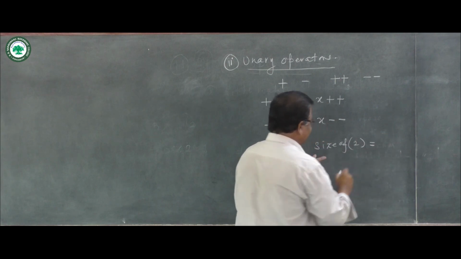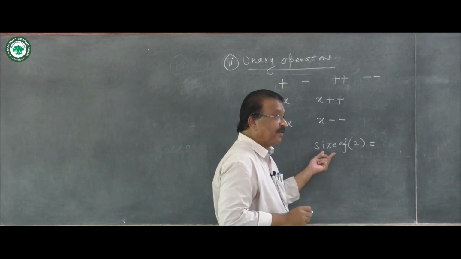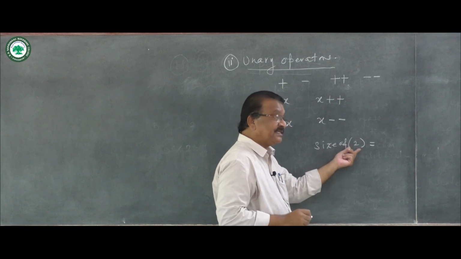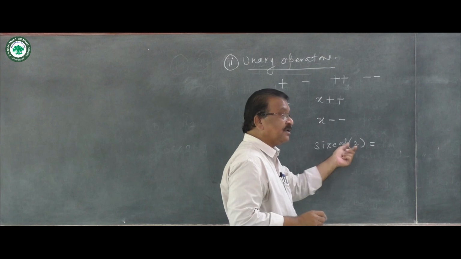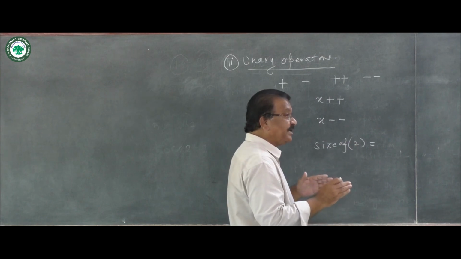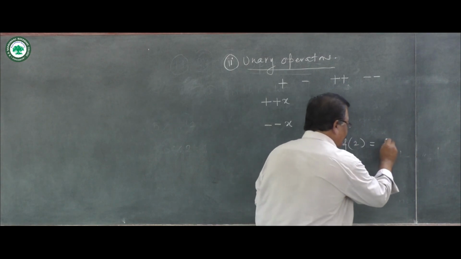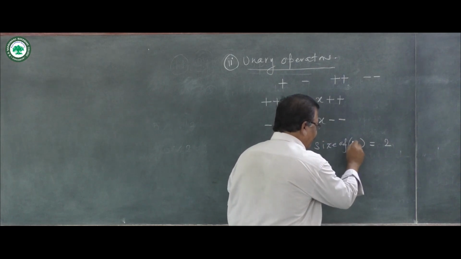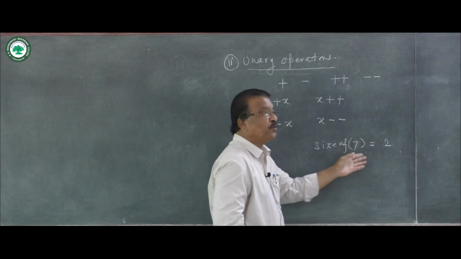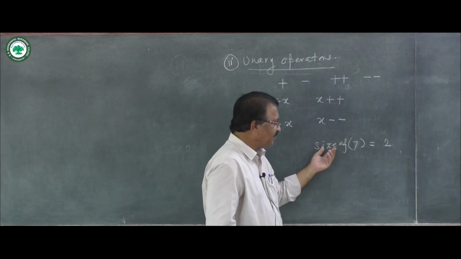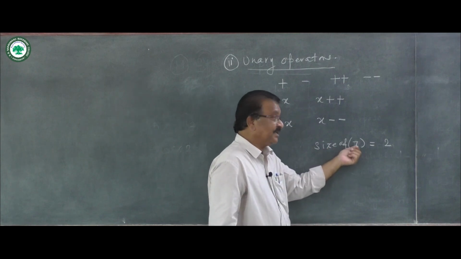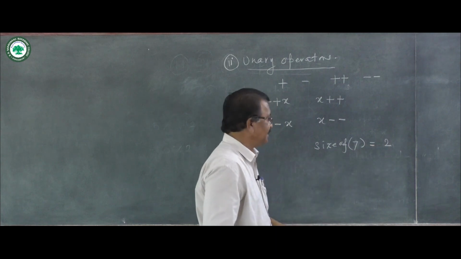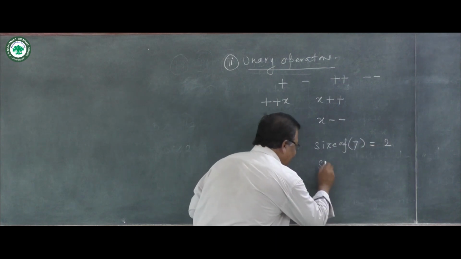Since it returns the size of an operand in bytes, 2 being an integer, to store an integer we need 2 bytes, therefore 2 will be the answer. Even if it is 3, 4, 5, 7, the answer would be 2 bytes, because the size of integer 7 is 2 bytes.